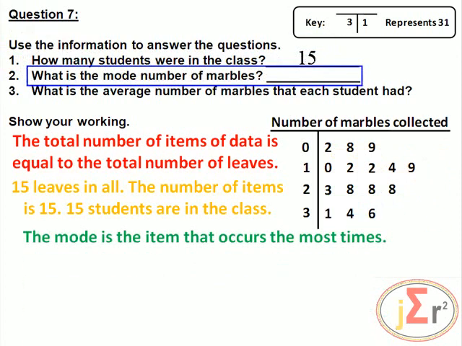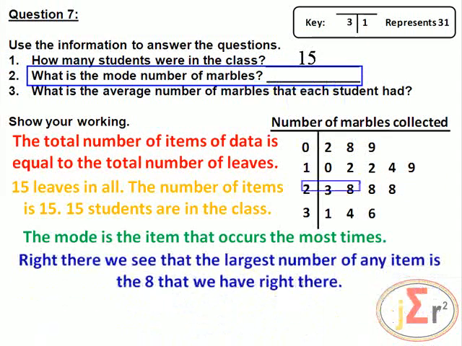The mode is the item that occurs the most times. And the item that occurs the most times is the 8 that we have here. Candidates will be tempted to put 8.